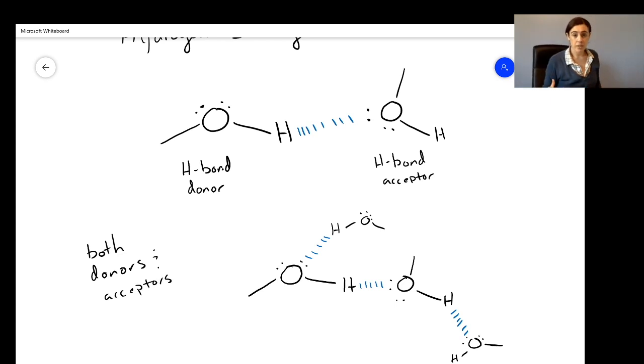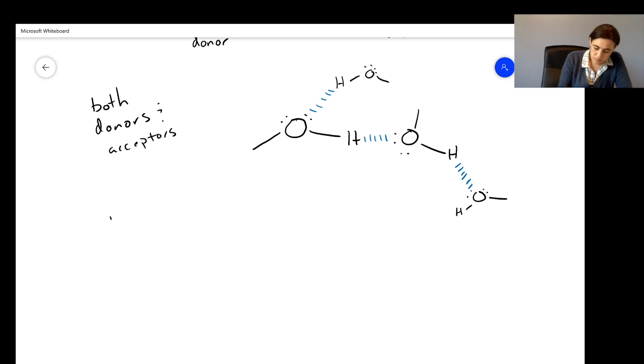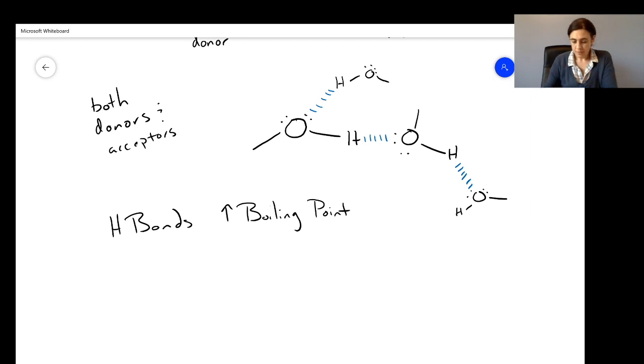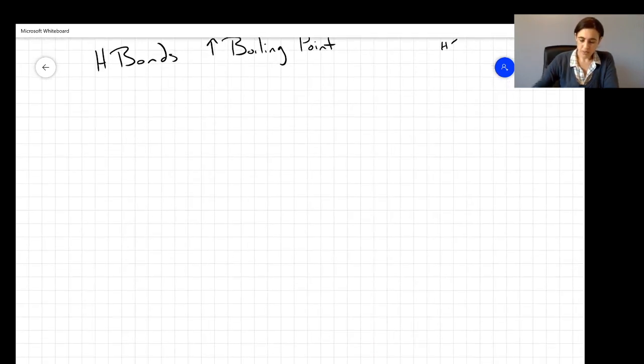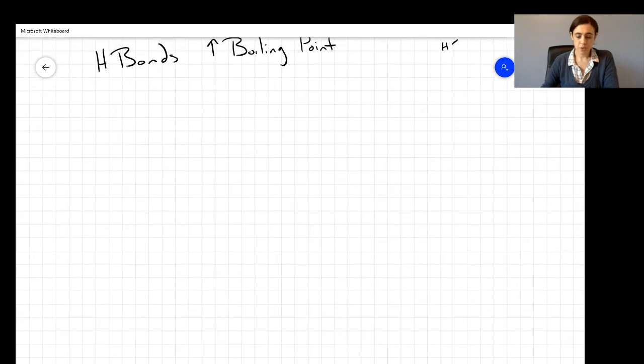And they are both simultaneously. So this is a fairly strong intermolecular force, which means that this is going to increase the boiling point of these compounds relative to the corresponding hydrocarbons. Because these are strong forces, which means we have to add more energy to break them apart. So hopefully that reminds you of things you learned in first year.